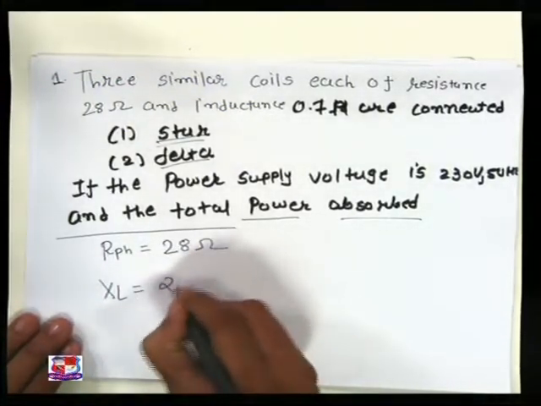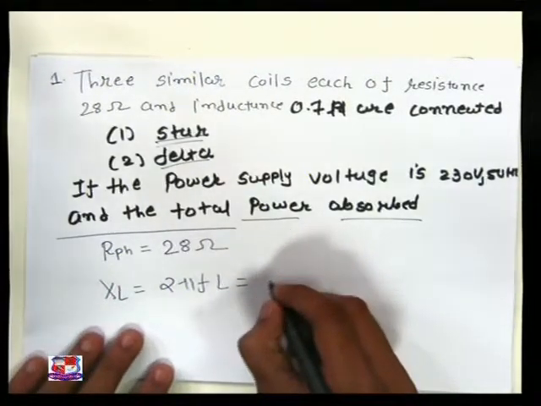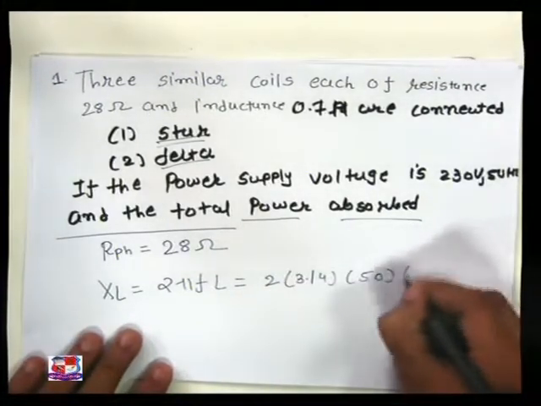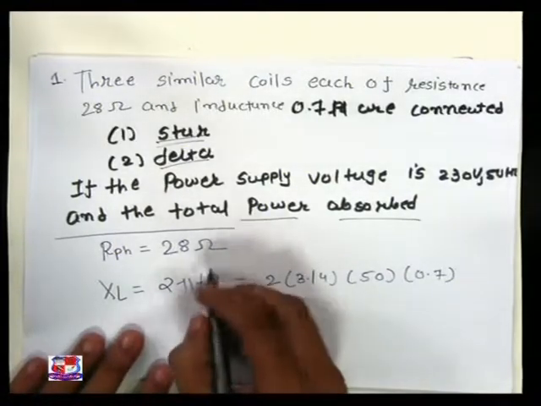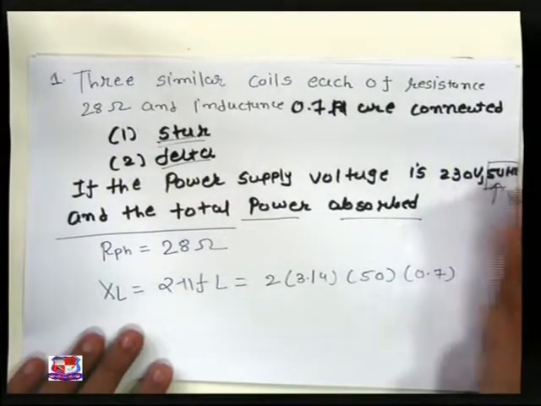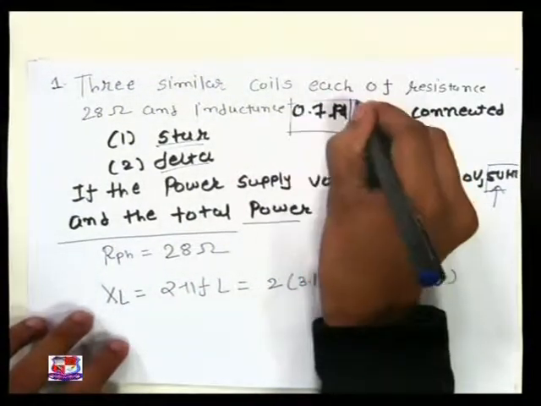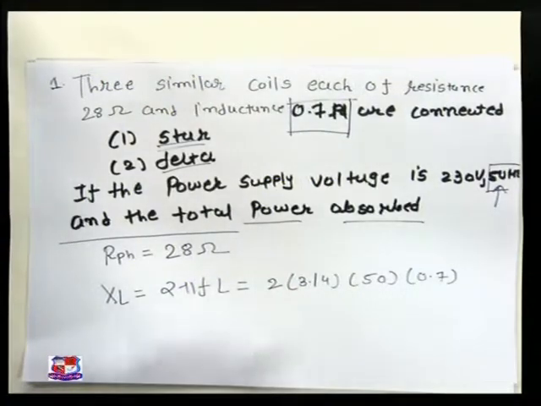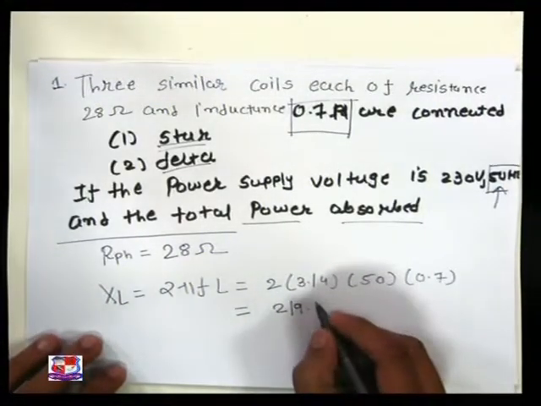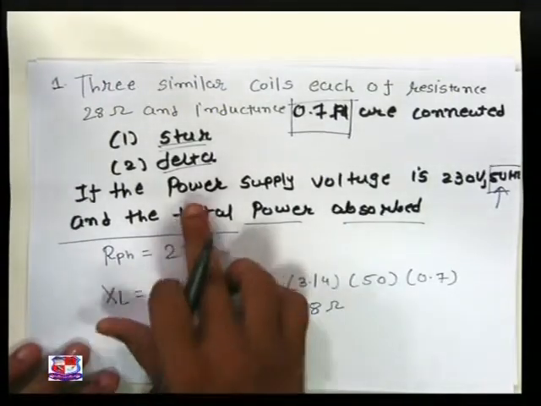Then XL is 2 pi F L, because we have R plus j XL, so 2 into 3.14 into 50 into 0.7, because the frequency is given as 50 hertz and the inductance is 0.7. So the value of XL will be 219.8 ohm.